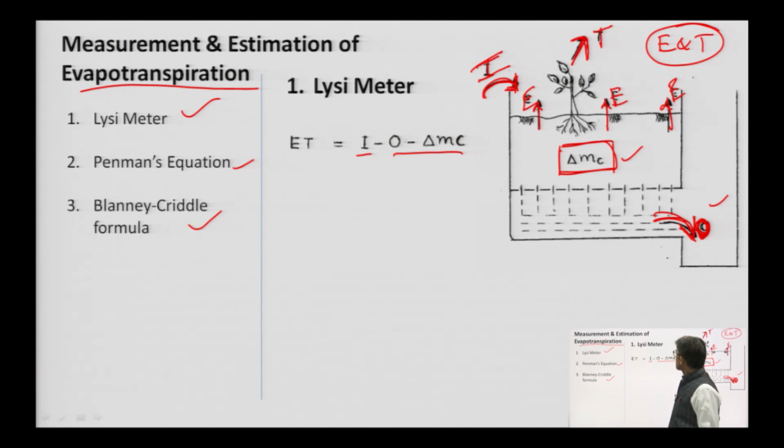So, these abstractions are very important to get the effective rainfall.